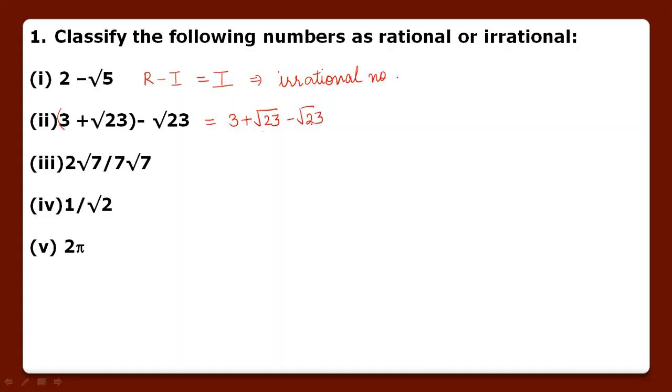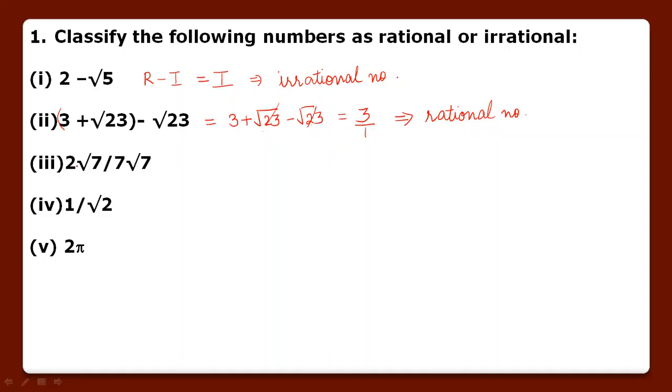Root 23 minus root 23 will cancel. It will remain 3 only. We can write it in the form of p upon q, where p and q are integers and q not equal to 0. Implies it is a rational number. Very easy to classify. When we can simplify, we will definitely simplify.